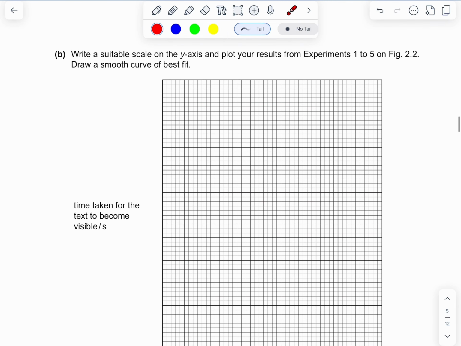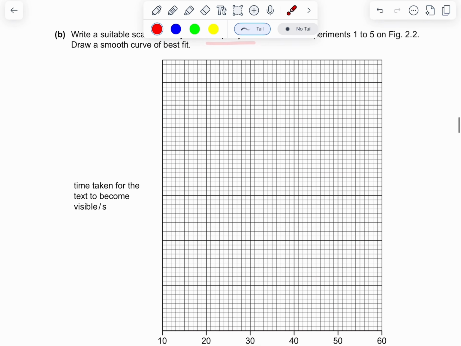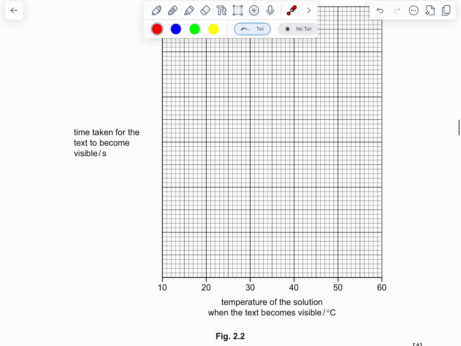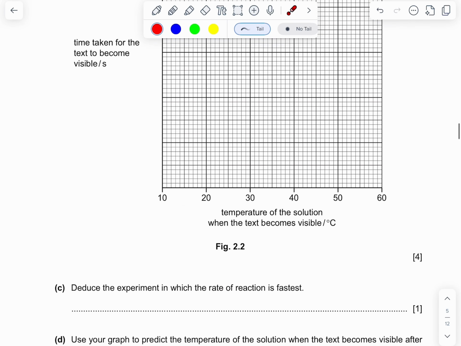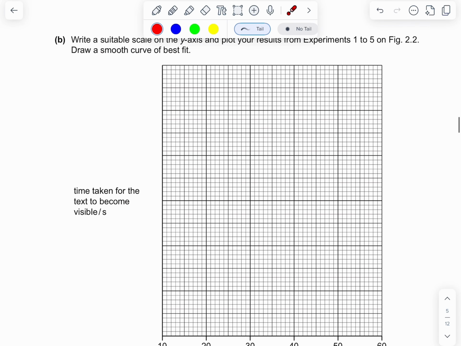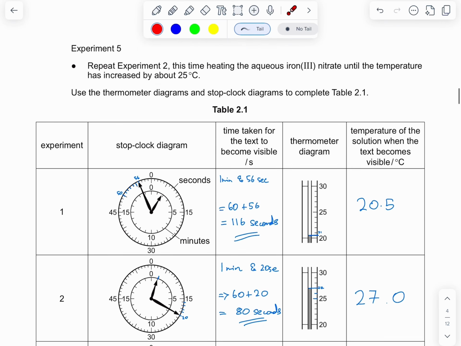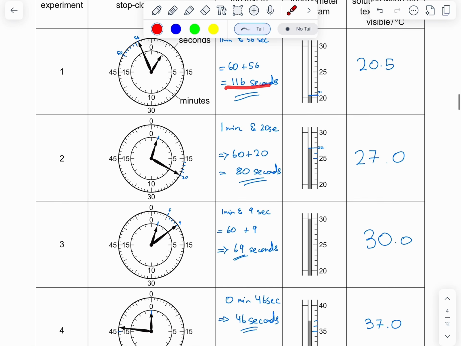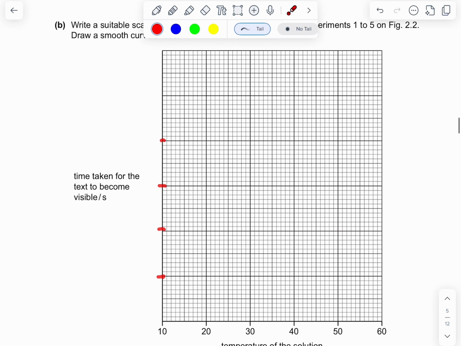Next question. Write a suitable scale on the y-axis and plot your answers from experiments 1 to 5 on figure 2.2. So we want to write a suitable scale on the y-axis. The x-axis they've done for us. On the y-axis it is the time. The maximum time was 116 seconds, and all the times are less than 116 seconds. Let's count 1, 2, 3, 4, 5, 6, up to 6.